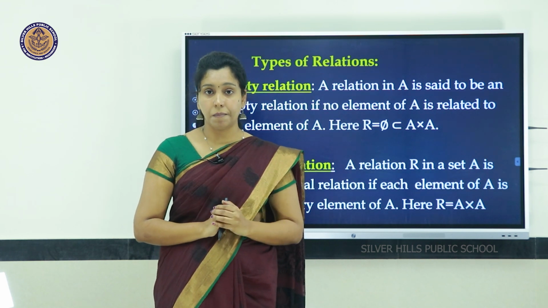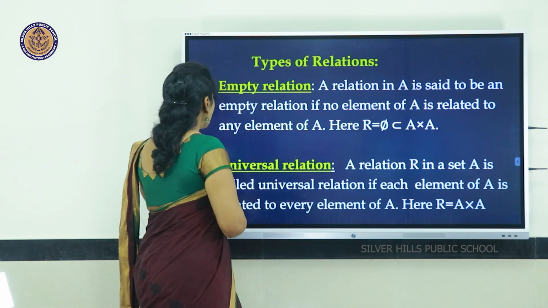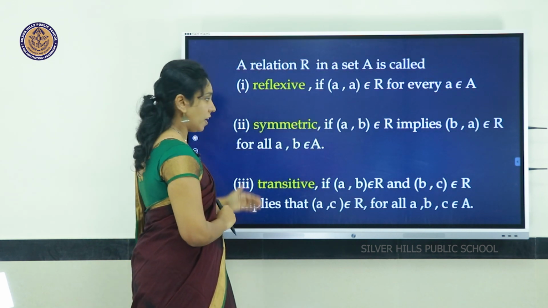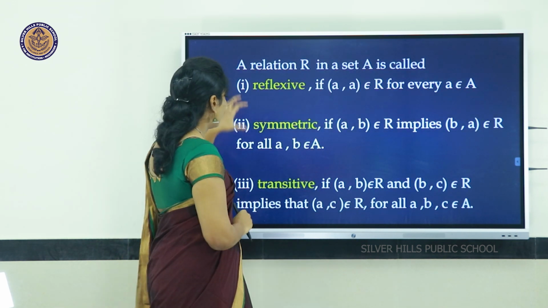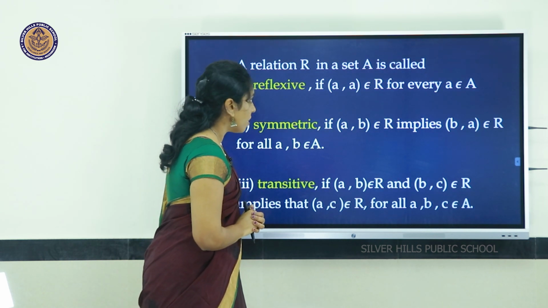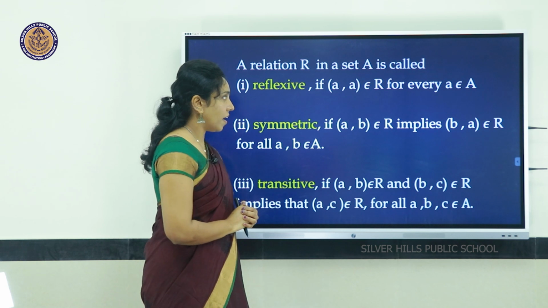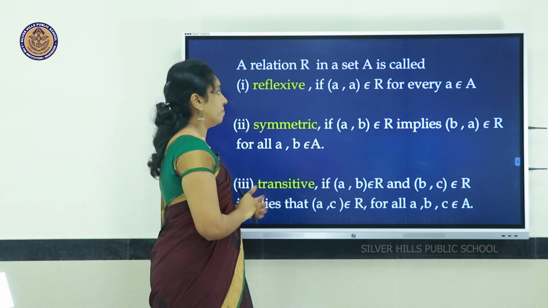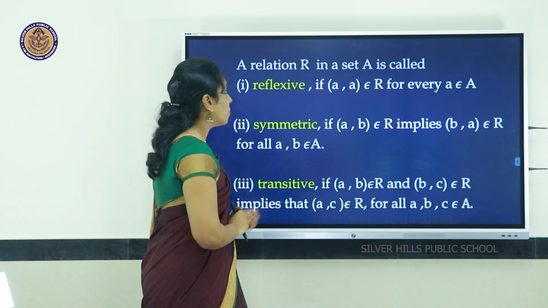Hope that is clear. So now let us discuss another set of relations. We have three relations here. So what is written here? A relation R in a set A is called reflexive if, what is written?